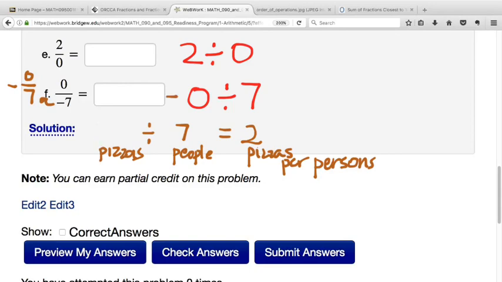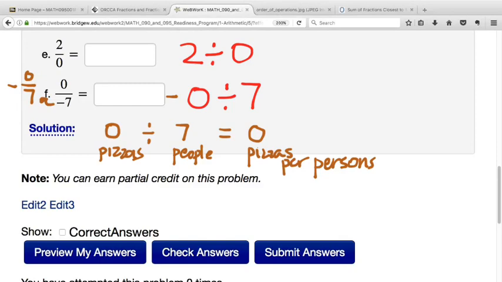So I have 7 people show up to my party, but I didn't pay the pizza guy. We get nothing. The question is, for every person at my party, how many pizzas are there? 0. And so just using that basic pizzas and people model of division, we can convince ourselves that 0 divided by 7 is equal to 0.